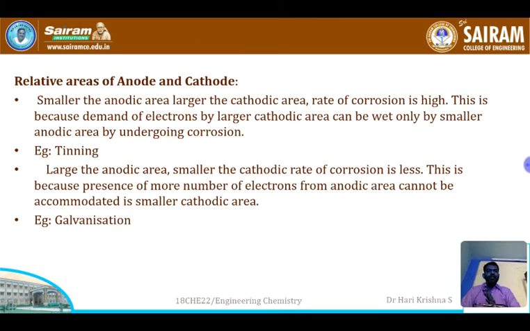Therefore, the rate of corrosion is also less with a larger anodic area and smaller cathodic area. An example is the galvanization process. We prefer galvanization to tinning because galvanization is coating of zinc on the surface of iron and steel articles. We'll discuss galvanization at later stages.